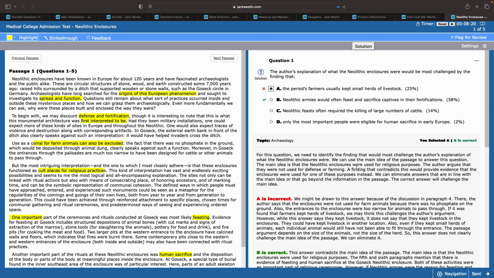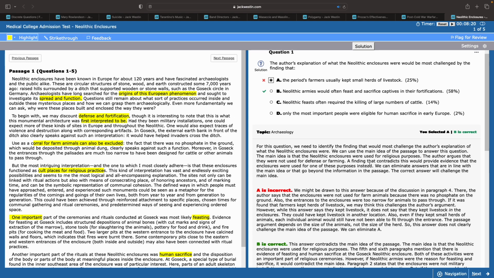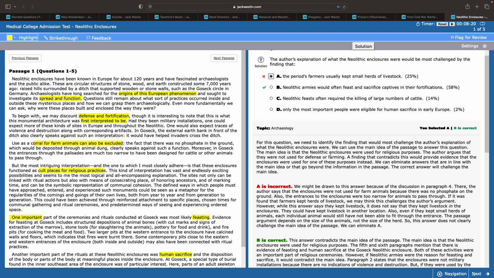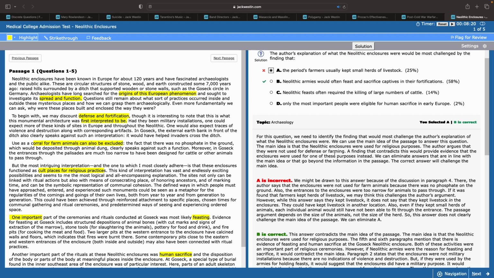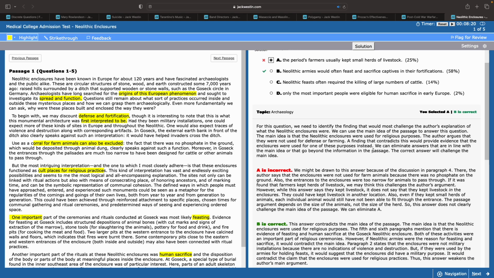We need to identify the finding that would most challenge the author's explanation. The main idea is Neolithic enclosures were used for religious purposes. The author argues that they were not used for defense or farming. The problem I had was I should have highlighted this as the main idea of the passage.